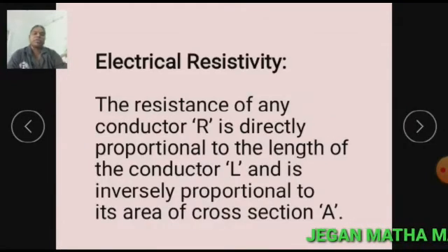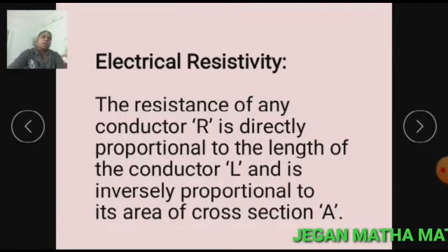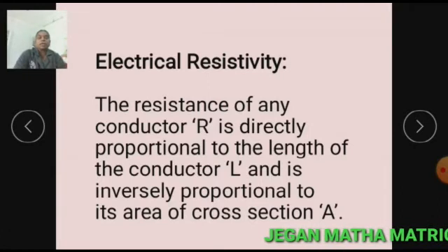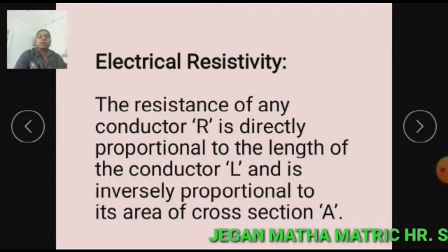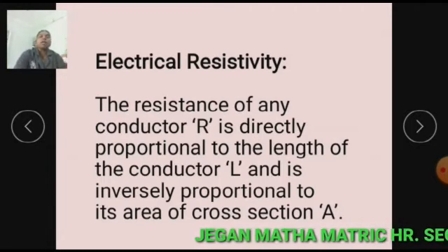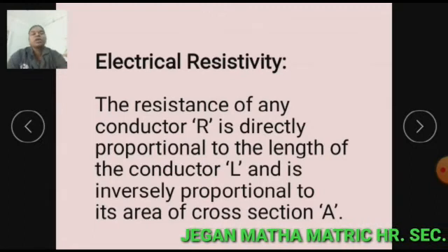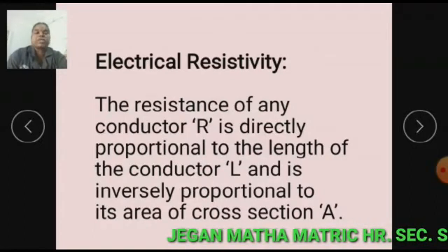Electrical resistivity we can verify by doing an experiment that the resistance of any conductor is directly proportional to the length of the conductor L and is inversely proportional to the area of cross section.